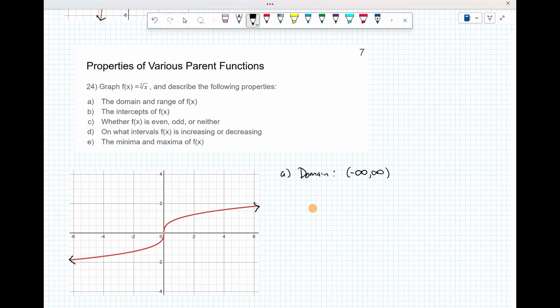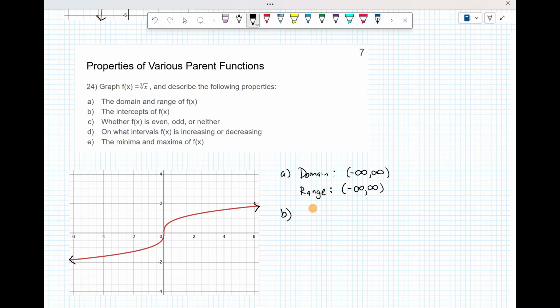And my range, even though it's growing fairly slowly, it's going to just keep growing and keep going up and up and up until infinity as well. And same in the negative infinite direction. So my range, it could be any real number. So my range is from negative infinity to infinity.